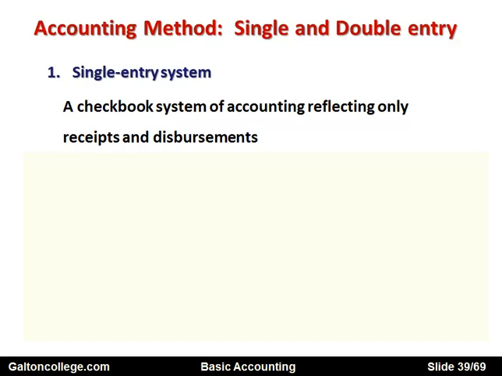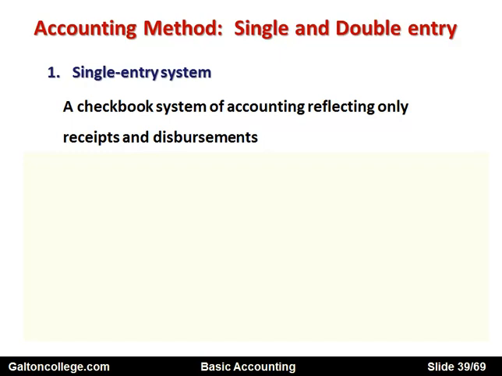So we just enter into the book that we paid so much for raw materials on this day, whatever the date is. That's single entry. It's quite straightforward. It's just a record of what we purchased. So it's raw materials purchased on a certain day, let's say, to the value of, and that's it.